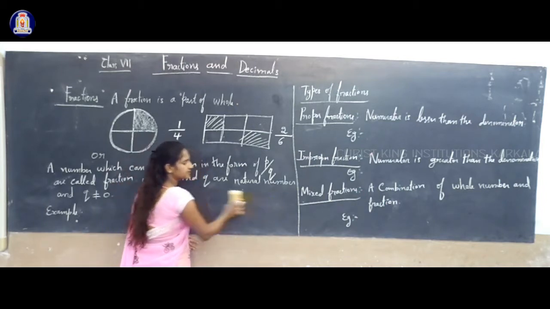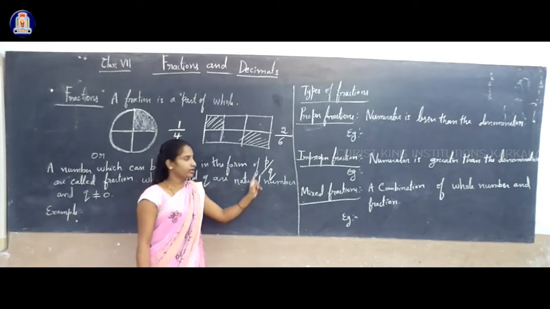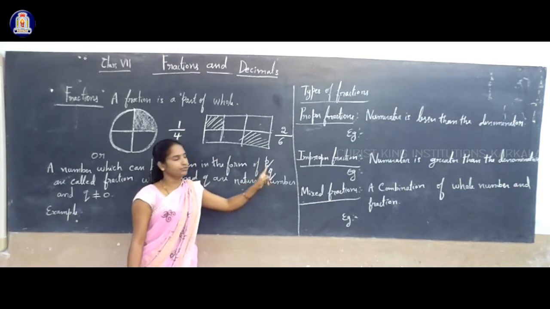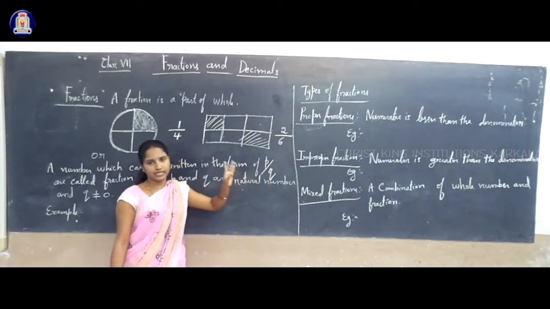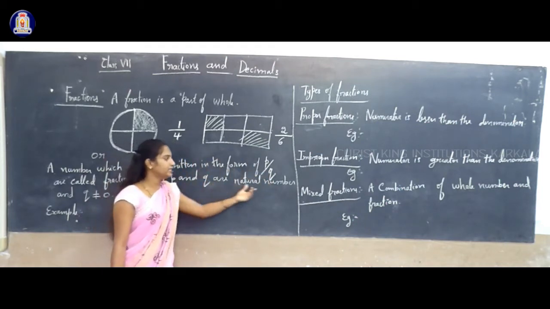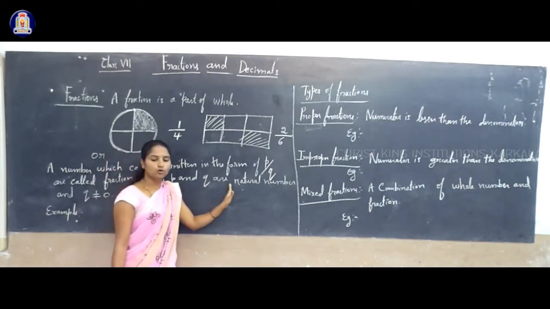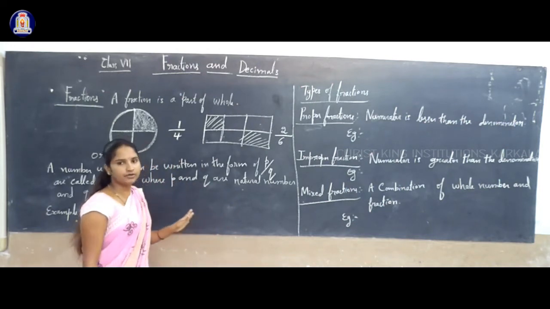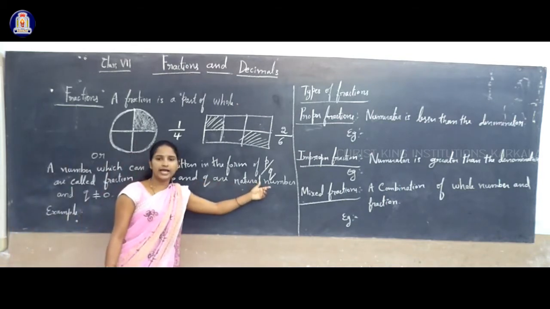But the condition is P and Q are natural numbers. You can write only natural numbers in place of P and in place of Q; both numerator and denominator should be natural numbers. We cannot write negative, minus we cannot write. We can consider only positive integers, positive numbers. That means P and Q are natural numbers.